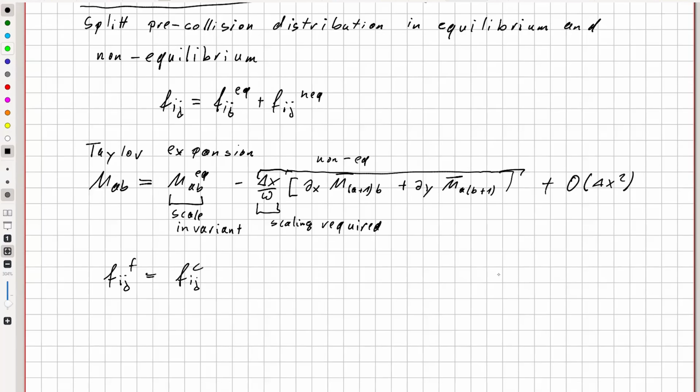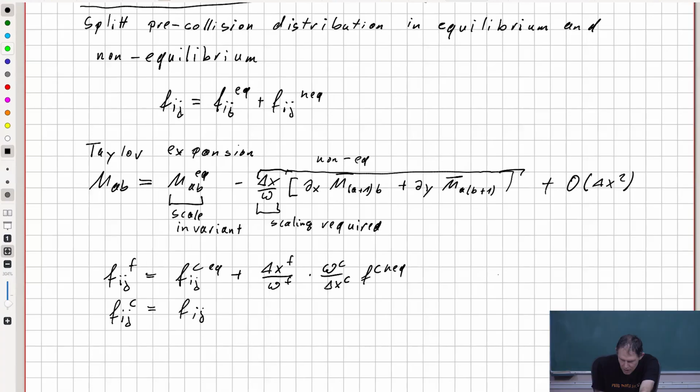So the fine one becomes the coarse one in equilibrium without change, plus delta x fine divided by omega fine times omega coarse divided by delta x coarse, the coarse non-equilibrium population, and the other way around, Fij coarse can be Fij fine in equilibrium plus delta x coarse divided by omega coarse times omega fine divided by delta x fine, F fine non-equilibrium.